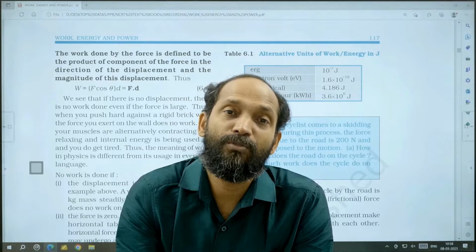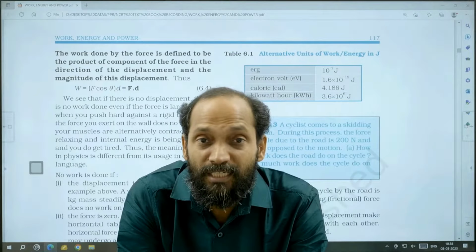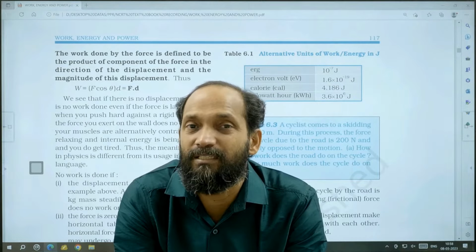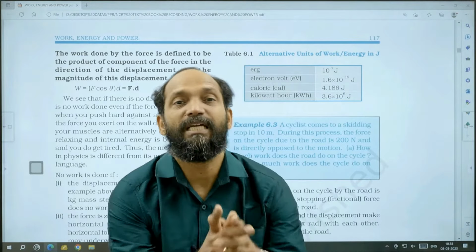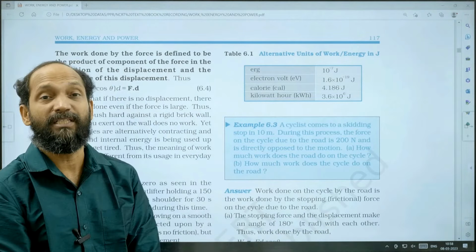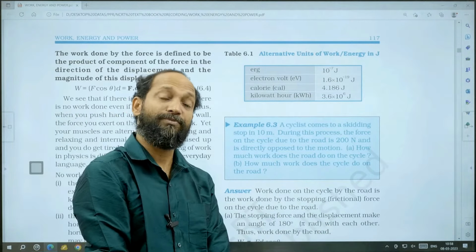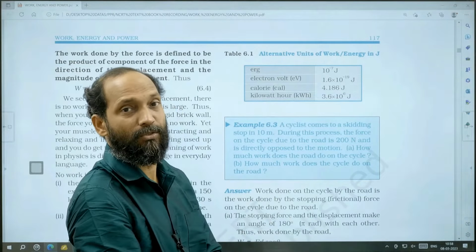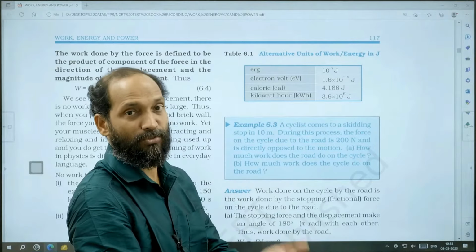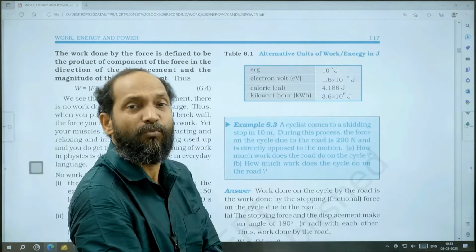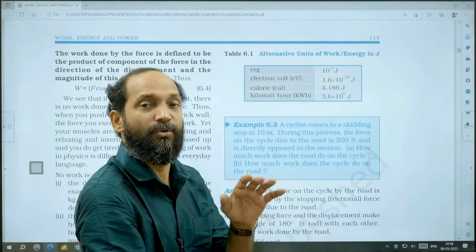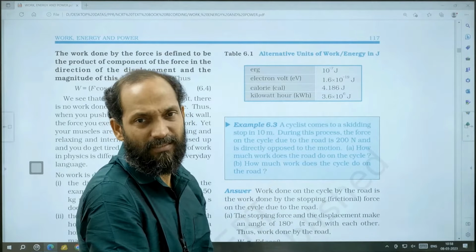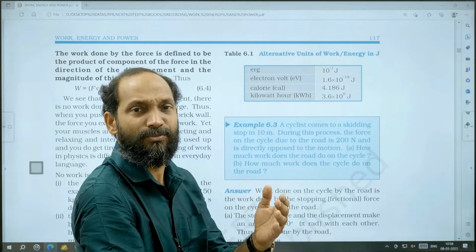Work done by the road on the cycle is equal to the force exerted by the road on the cycle multiplied by the displacement of the cycle. Definitely the cycle has undergone a displacement of 10 meter. The angle between the force exerted by the road on the cycle and the displacement of the cycle is 180 degree, because the road exerts a force, say towards east, on the cycle, but the cycle displaces towards west.